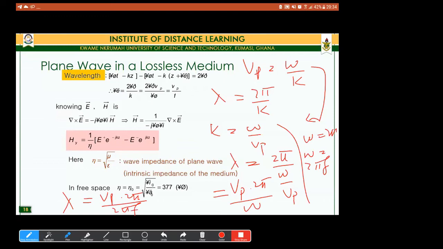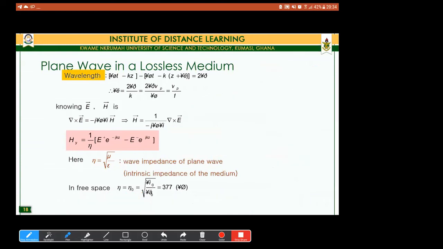The 2 pi cancels out, and you have Vp divided by f, or your famous equation Vp equals f lambda, which is the equation for the speed of an electromagnetic wave. And that Vp we say is c, the speed of propagation of light.